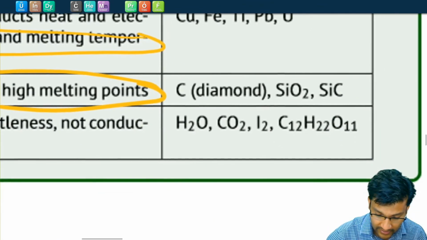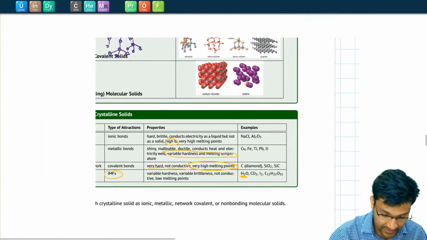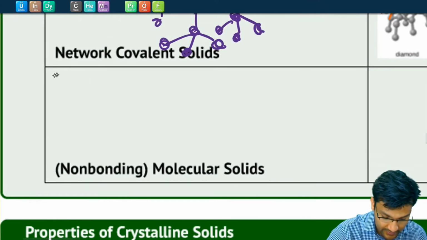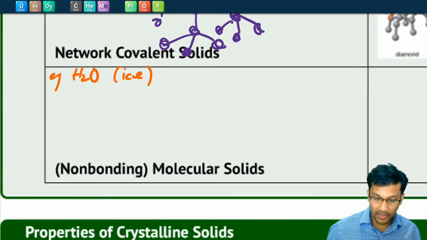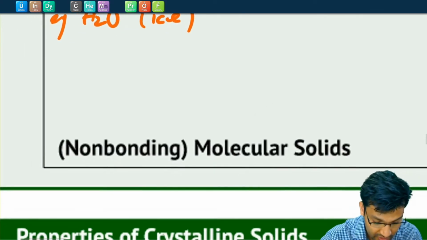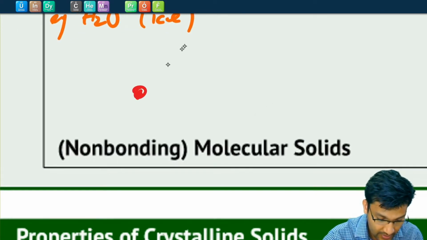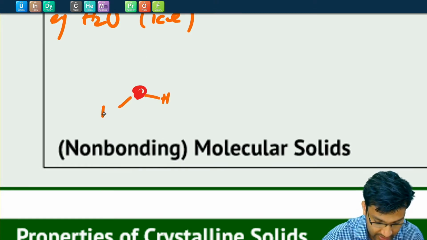Water in ice form is a good example of that. So let me just write that. So for example, H2O ice, that's a solid, that's non-bonding. So if I were to draw water, here's my oxygen, let's use orange for hydrogen. Here's my hydrogen, hydrogen, right?